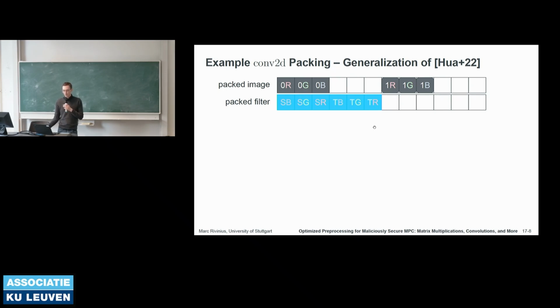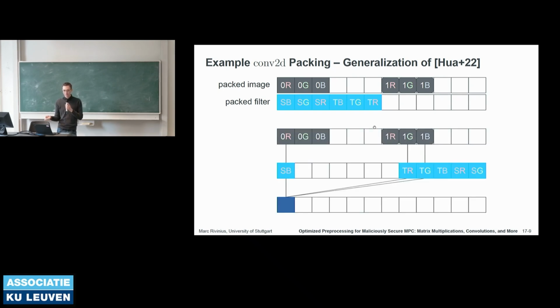So if you line them up like this, first everything of the first batch of the image, and then you leave as much space so it is exactly as large as your filter if you would put it in there, and then start with the second batch of the image. And your filter you basically just linearly write in your coefficients, but you have to also flip it around, because when you multiply it, it flips around again. You get the conv2d operation that we wanted.